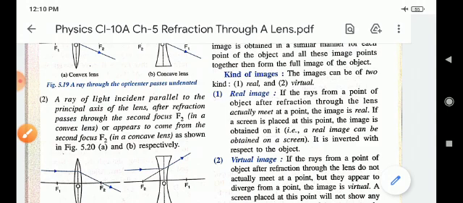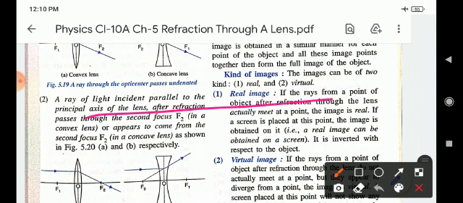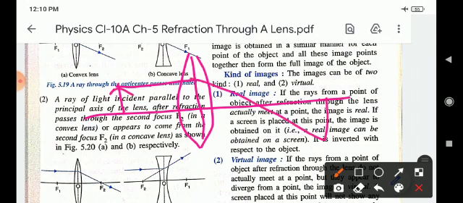For example, at this point, we consider that this is the object. It is the real image, R-E-A-L, real image.